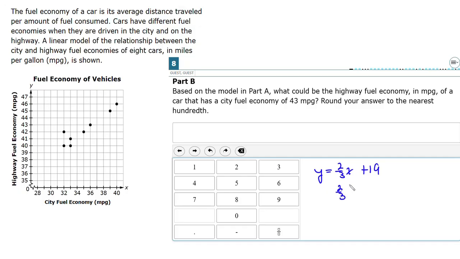So 2/3 times 43 plus 19. 2/3 times 43 is 28.6 repeating. So let's call that 28.67. And 28.67 plus 19 is 47.67. So that is our answer.